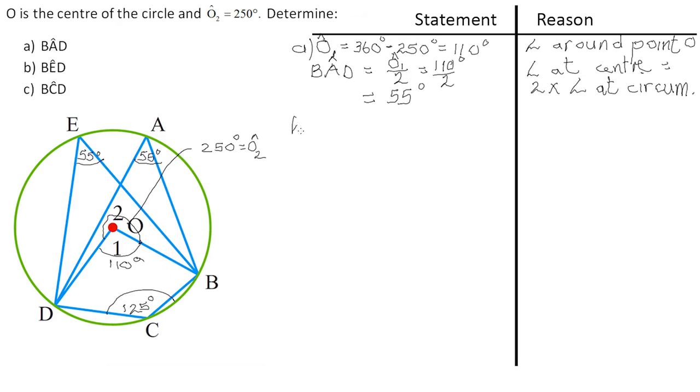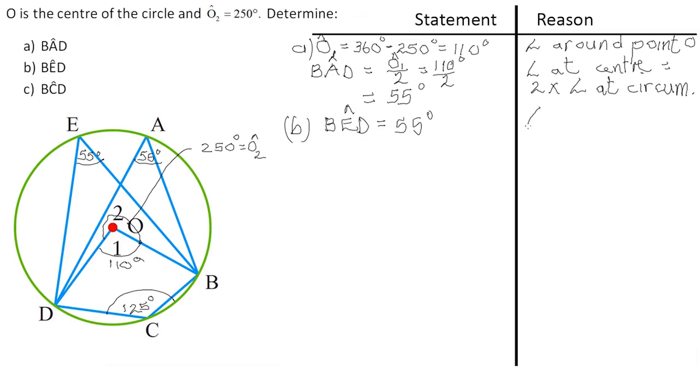Let's look at B. If you look at B, they want BED. Very nice, because can you people see that arc BD subtends angle A as well as angle BED. So in other words, you will agree with me that BED is equal to 55 degrees.